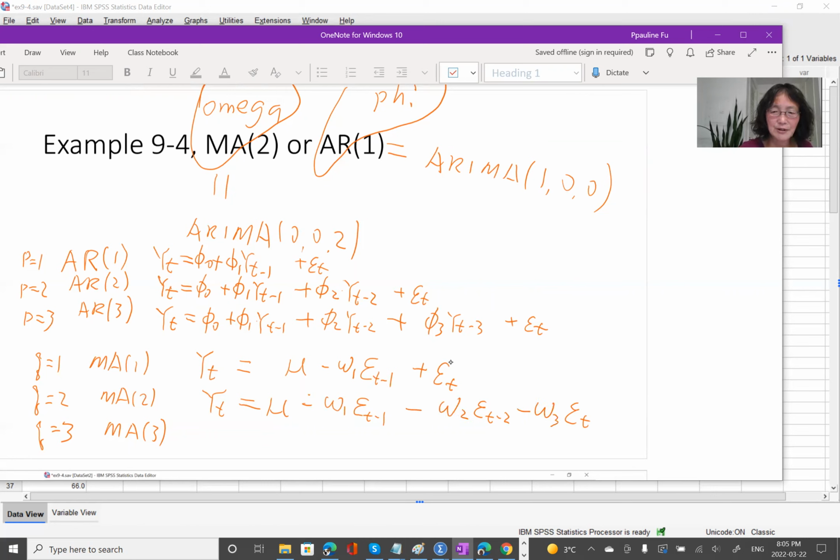Omega is the coefficient, okay? And do not forget the error term, epsilon T. No, sorry, I made a mistake. There is no coefficient here. It is just epsilon T, okay? And then hope you can write down MA3 by yourself at this point, okay?